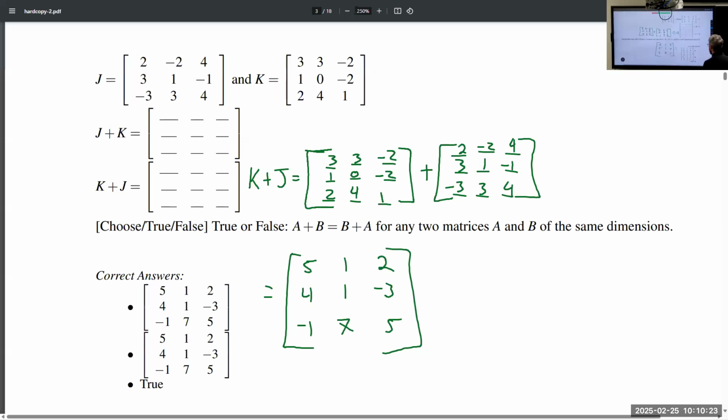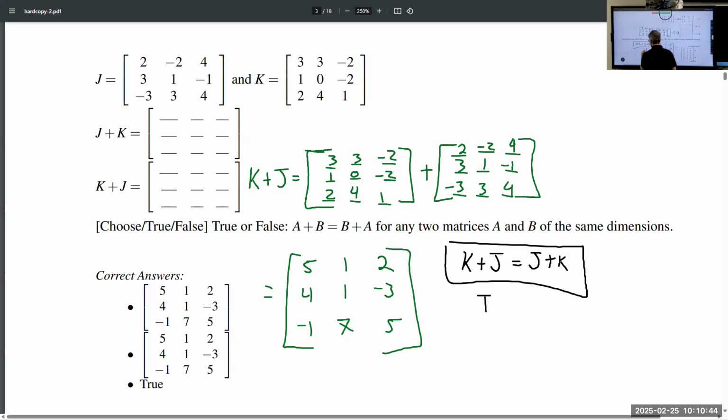And that's the exact same thing we had last time. So it's the same. It's a true statement.